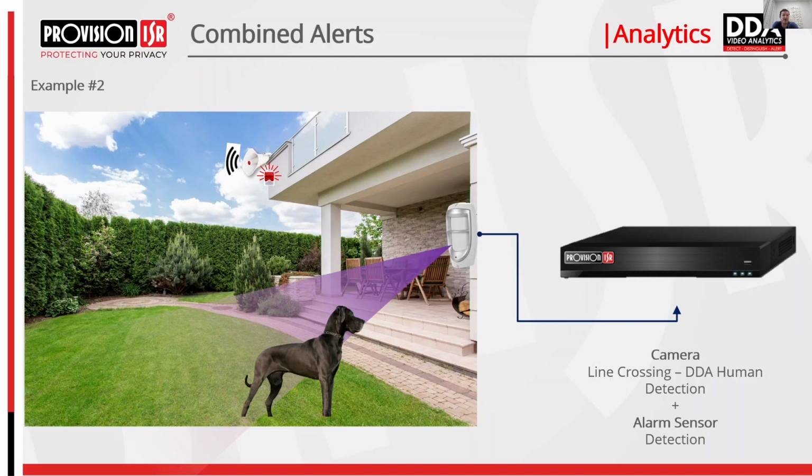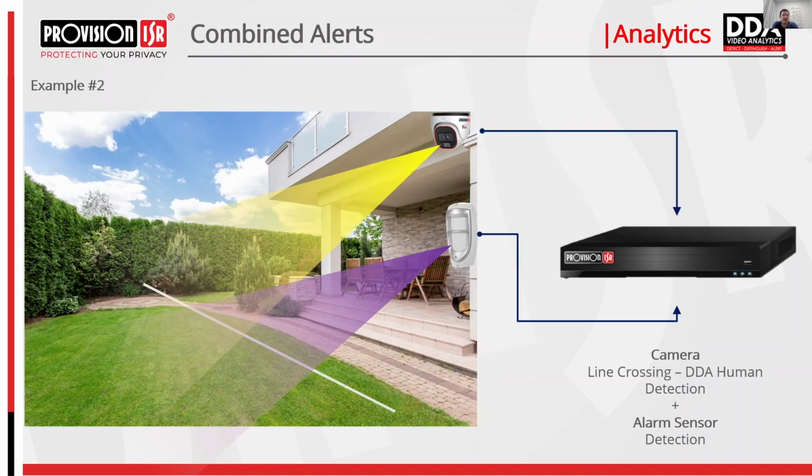And here's how. Utilizing your outdoor detector as one half of your combined alert, add an IP camera from Provision-ISR with a line crossing analytic. And remember, that could be from our most basic series all the way up to our most advanced series. If an animal is detected by the alarm sensor, the AI within our cameras is smart enough to understand that it is not a person, therefore both events have not occurred simultaneously and we get no alarm activation.